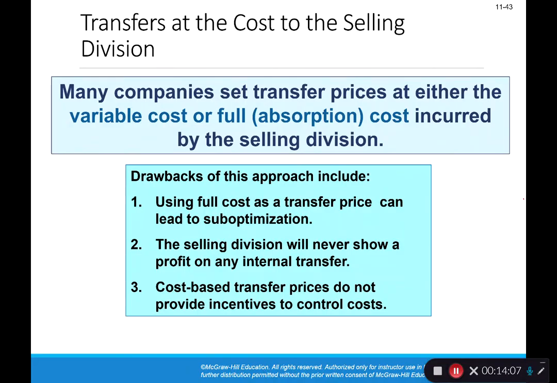They either set transfer prices at cost, but the problem with this is it might result in sub-optimization, which is a fancy way of saying the company isn't going to be better off in the end. You might force transfers at cost that hurt the company and actually cost the company overall more money. The selling division's never going to be able to show a profit on an internal transfer, so there's absolutely no benefit to the seller.